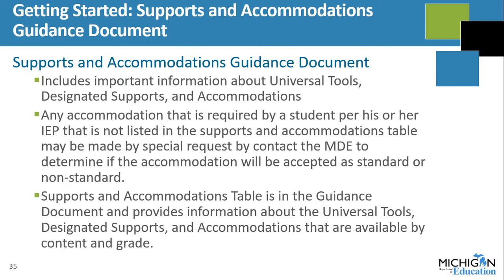The Supports and Accommodations table in the guidance document provides information about the universal tools, designated supports, and accommodations that are available by content and grade. Be sure to view the Student Supports and Accommodations presentation for more information about what is available for students during testing.